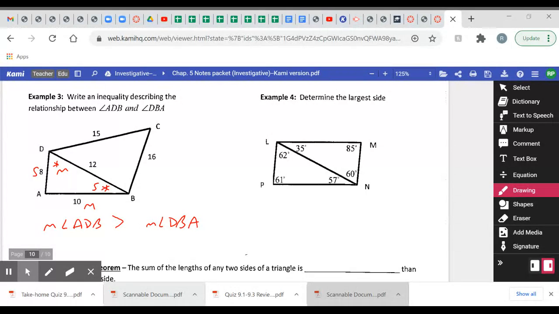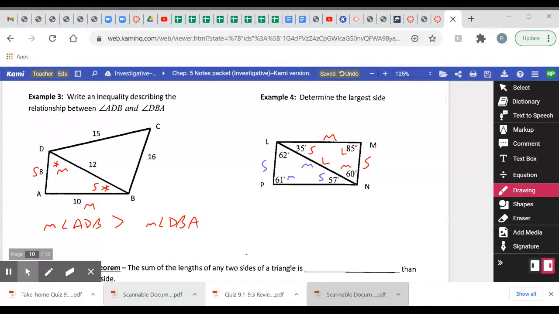So if I cover up angle LPN, I can do the small, medium, large for the triangle on the right. So I can say smallest angle, so smallest side, medium angle, medium side, largest angle, largest side of that triangle. Now, if we look at the other triangle, I can say, well, this is the smallest angle, so this is the smallest side.